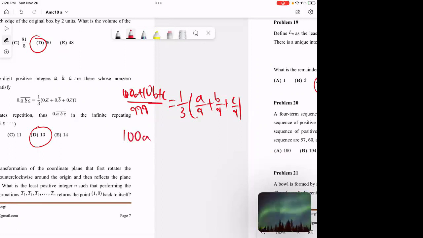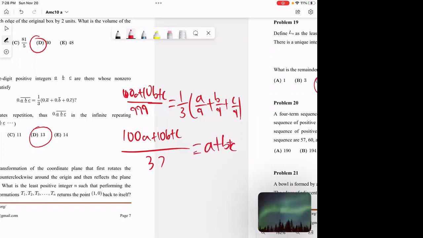So 100A plus 10B plus C over 999 over 27, which should just be over 37, equals A plus B plus C.